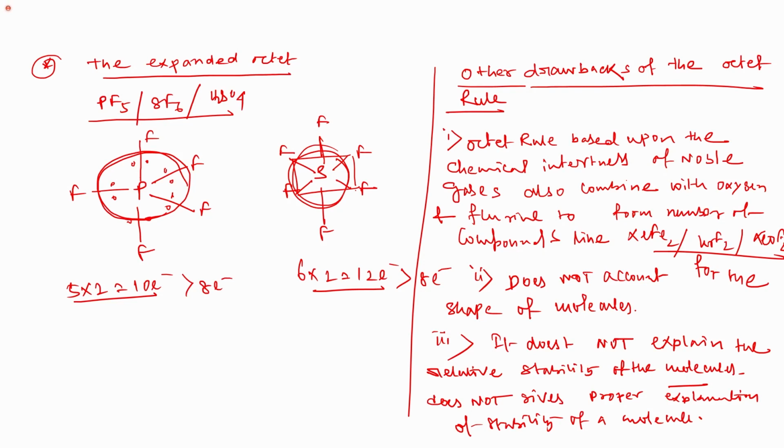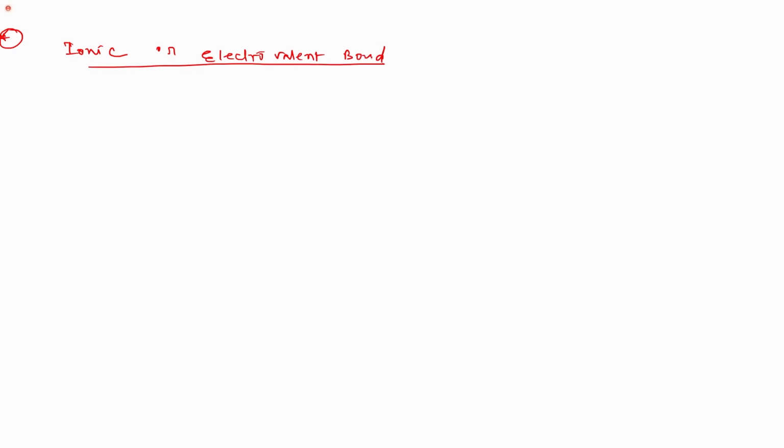Now after that we will learn about the ionic or electrovalent bond, and how ionic and electrovalent bonds are formed. So here I am taking a general example, general equations. If I take this metal M, it is ionized, which means it gives 1 electron, so M plus an electron.